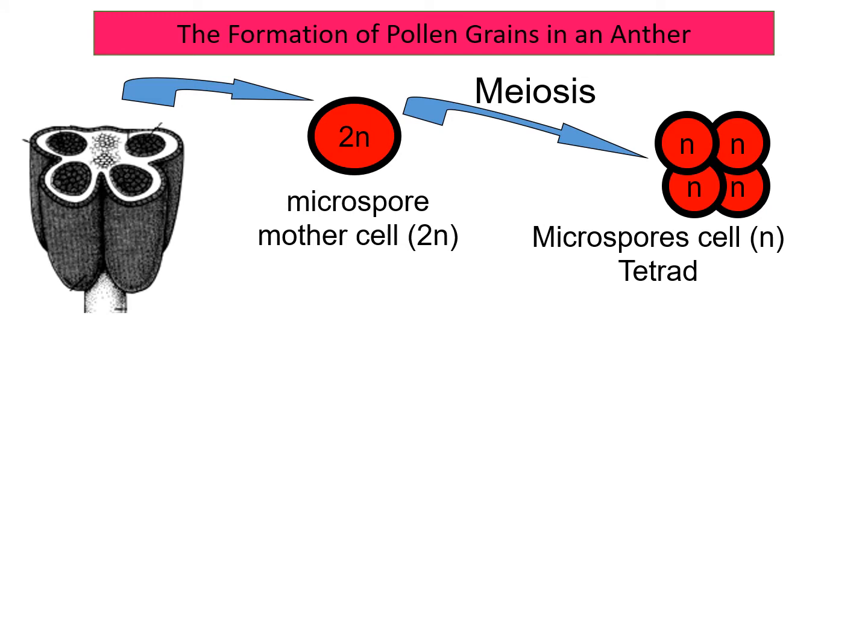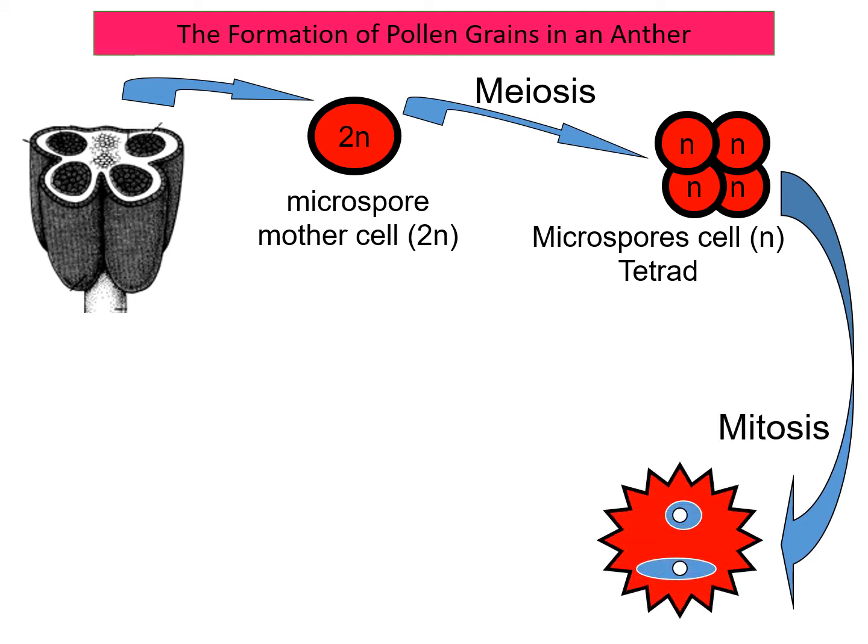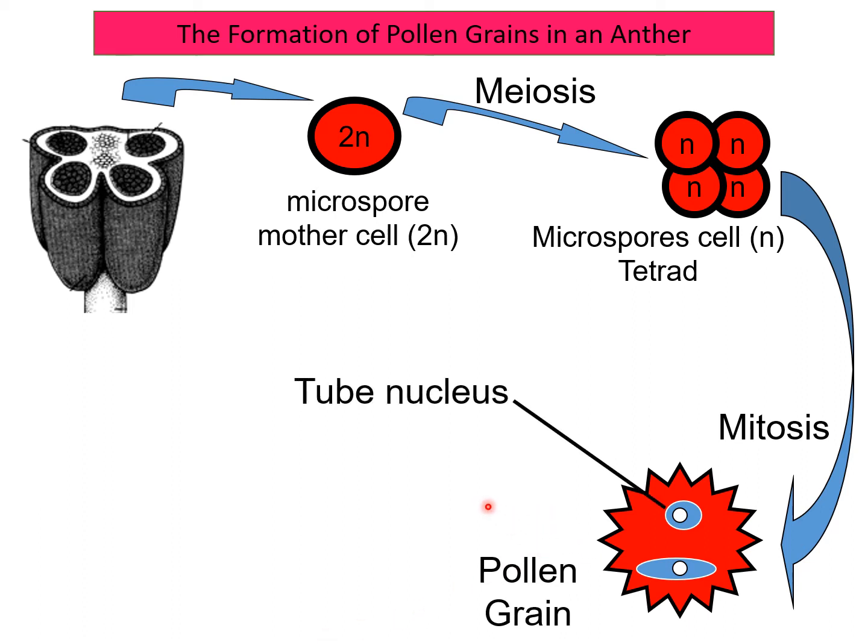Each cell in the tetrad develops into a pollen grain. Then the nucleus in the pollen grain divides by mitosis to produce 2 nuclei, namely the generative nucleus and the tube nucleus.